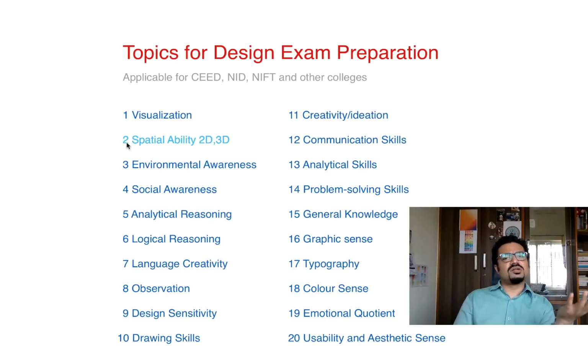Those questions will also be covered in these graphic based topics. So these type of questions will be covered under your graphic sense, particularly questions from the theory of design perspective will be covered in this part.